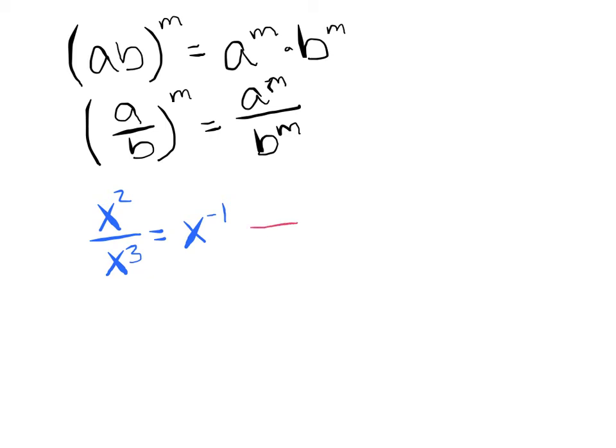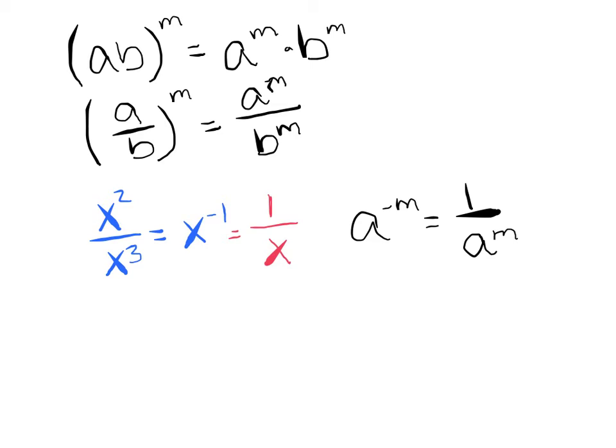So we would leave this as the x on the bottom and 1 on top. So when you have a negative exponent, all it means is it just wants to move to the other side of the fraction. So in fancy math form, a to the negative m is 1 over a to the m. This is a really, really handy property because you can never leave negative exponents in your answer.